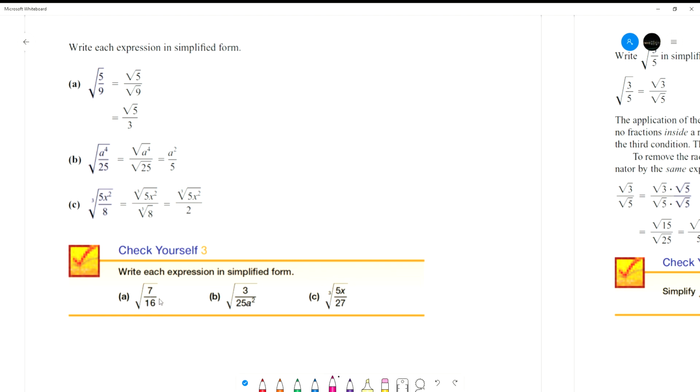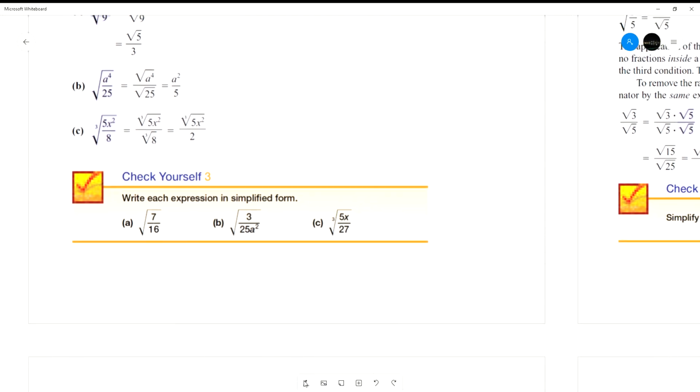So let's try these examples on the bottom. For the first one, we get square root of 7 over the square root of 16. 7 does not simplify. The square root of 16 becomes 4. Next one is radical 3 over radical 25a squared.